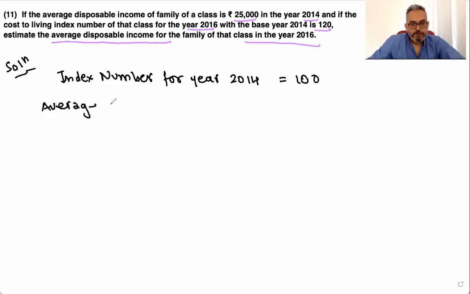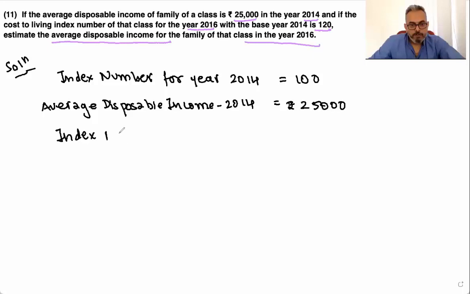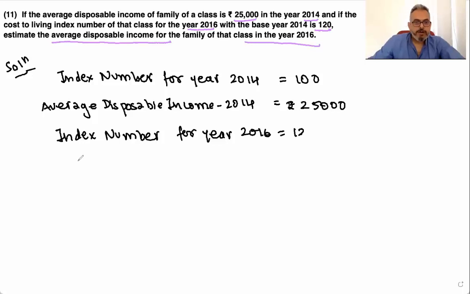Average disposable income for 2014 is equal to rupees 25,000. Index number for year 2016 is equal to 120.